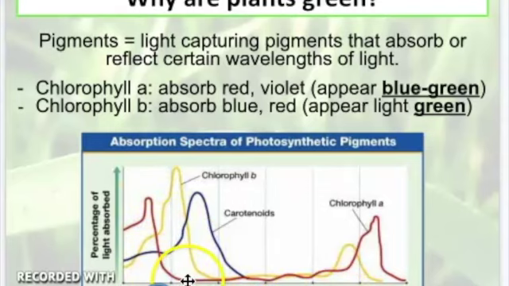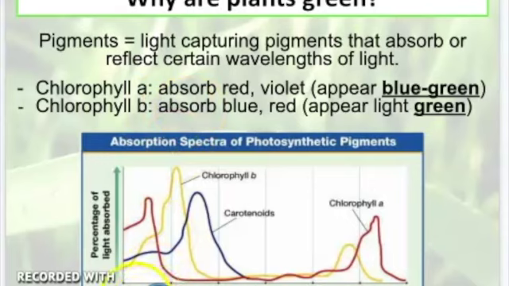So chlorophyll A will allow blue and greens, and maybe even into the yellow. There's very low absorption of those wavelengths. So that's the color that's going to reflect back to our eyes.